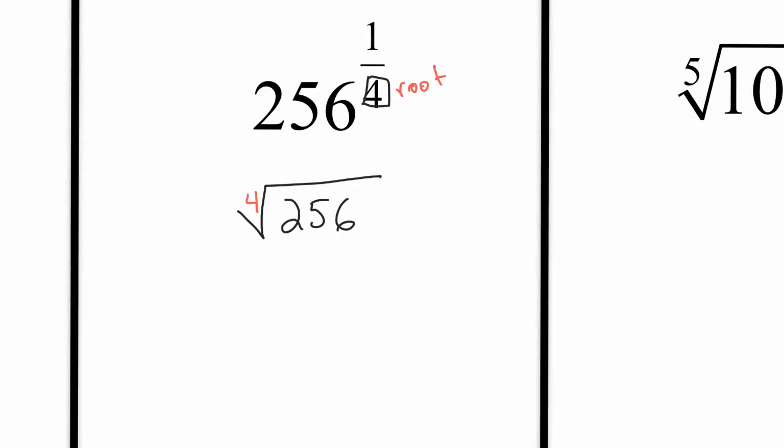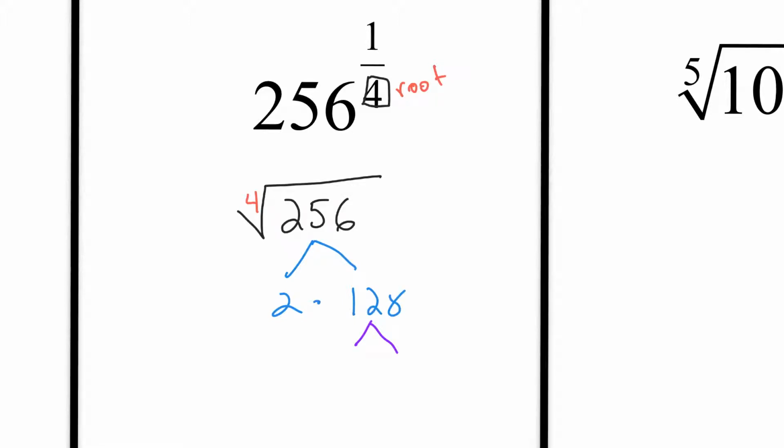Now you are going to start breaking down the number, and this is where you do prime factorization. Notice that the number is even, so I can multiply 2 times some number that gives us 256, and that's going to be 2 times 128. Now you can also break down the 128.